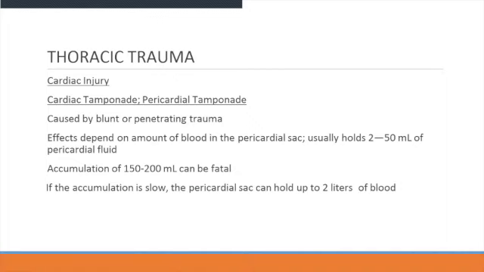It usually holds between 2 to 50 mLs of pericardial fluid. The accumulation of 150 to 200 mLs of blood can be fatal. If accumulation is slow, the pericardial sac can hold up to 2 liters of blood.